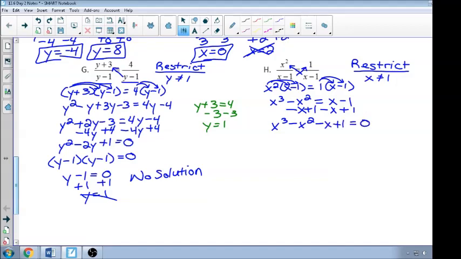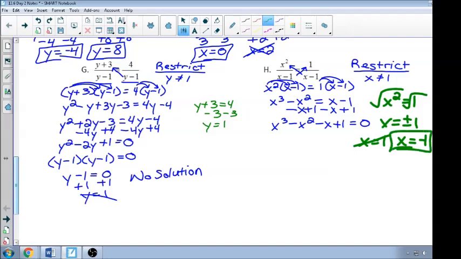I could at this point factor by grouping if I wanted to. However, it would probably just be easier to go ahead and, like we said a minute ago, I can just make this x squared equals 1, take the square root, x equals plus or minus 1, meaning I have x equals 1, which cannot work, and x equals negative 1, which does work.